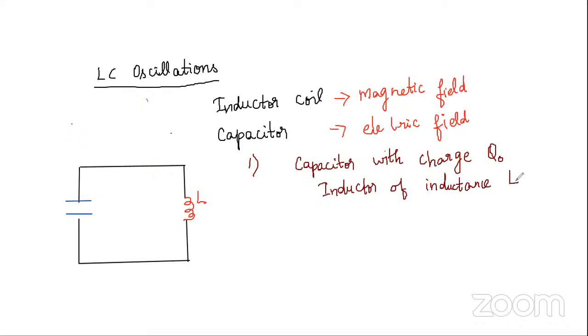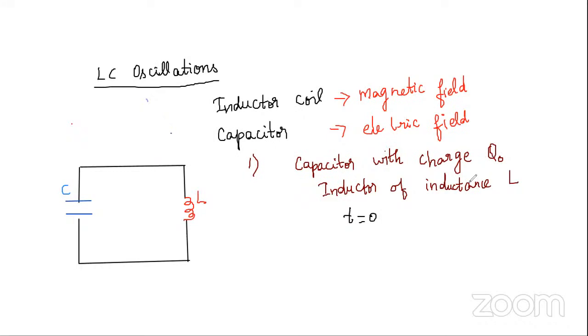Initially the capacitor is charged, and you are having an inductor coil of inductance L. So this is the value of your capacitor, and initially at time t equal to 0, your capacitor is having the total charge Q0. So the energy stored in the capacitor is maximum.